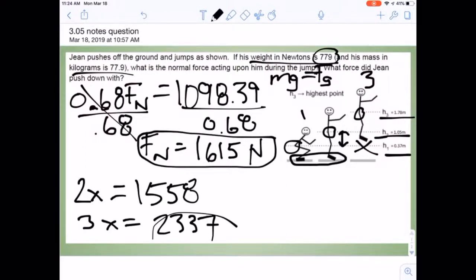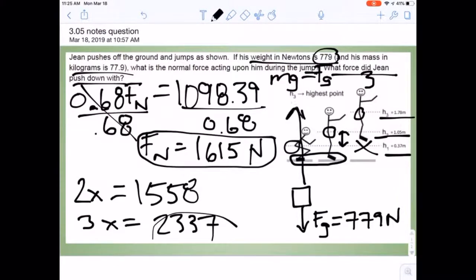The last thing, there's one more part to this. So it asks, what force did Gene push down with? So we're thinking that when he pushed down on the ground, that added more force, and we saw that increase in normal force, because his free body diagram would look like this: his force of gravity of 779 newtons, and then his normal force is 1615 newtons.